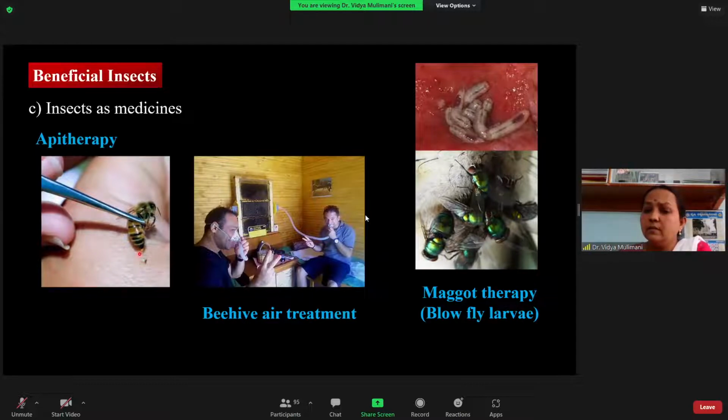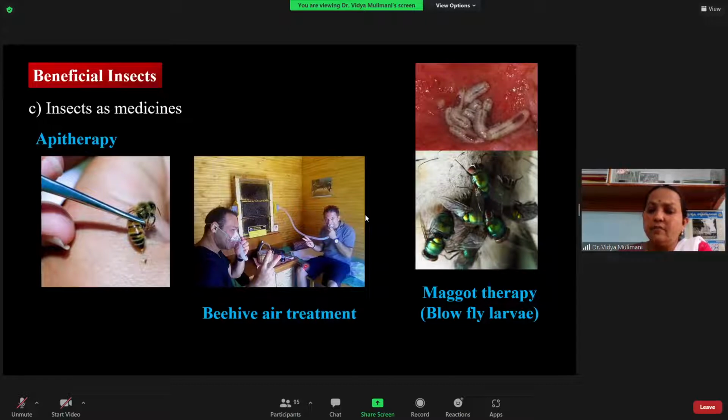Either injections are available, just like insulin, or they maintain colonies, take out the worker bee, and know up to what time it has to be allowed to sting. That part they allow for the stinging, so the venom is released in that area. Only experts do this. This is called apitherapy.